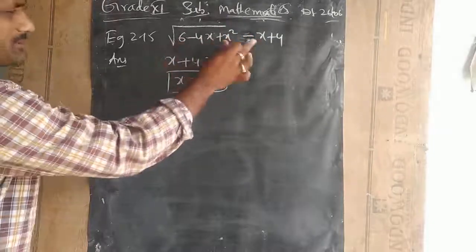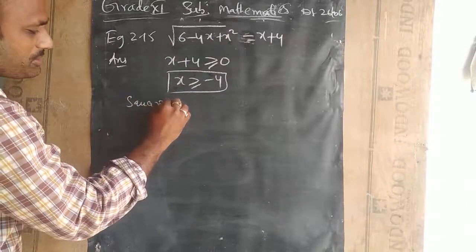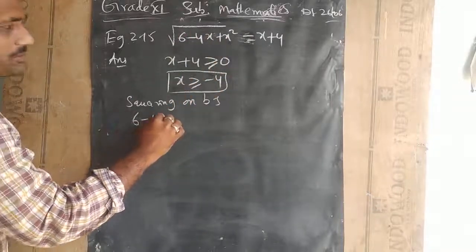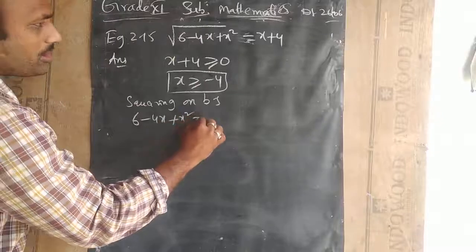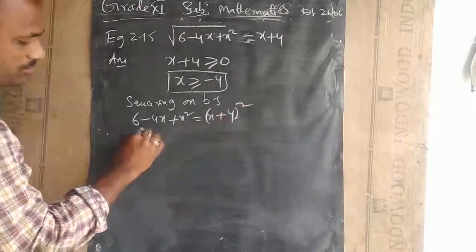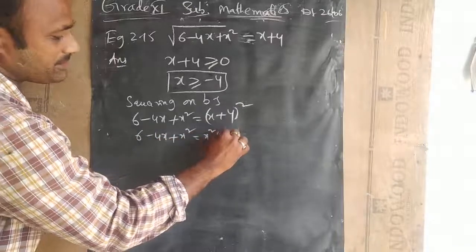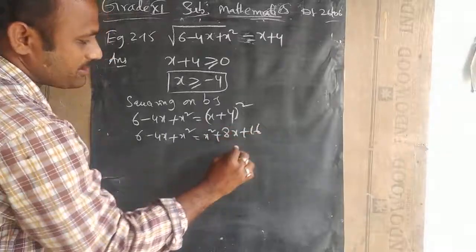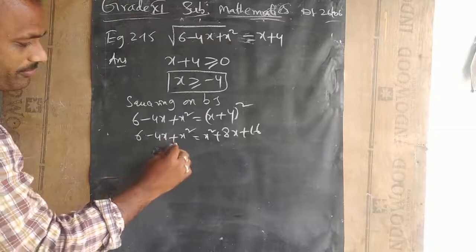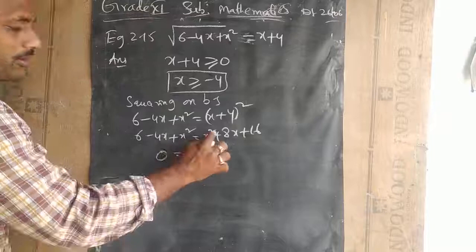Now squaring on both sides for the given question: 6 minus 4x minus x square is equal to x plus 4 whole square, which is x square plus 8x plus 16.